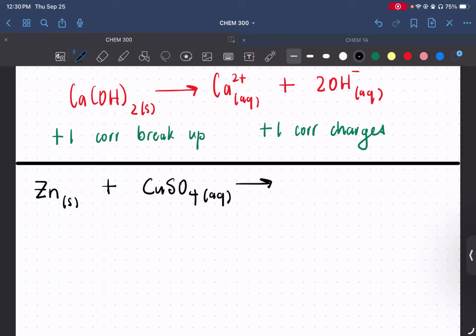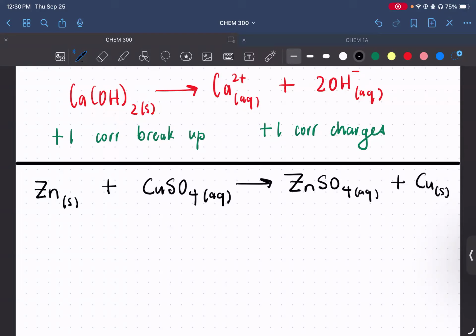The answer you should have gotten for the products is zinc sulfate, aqueous, and copper solid. No further balancing needed, and the state symbols are just aqueous and solid.